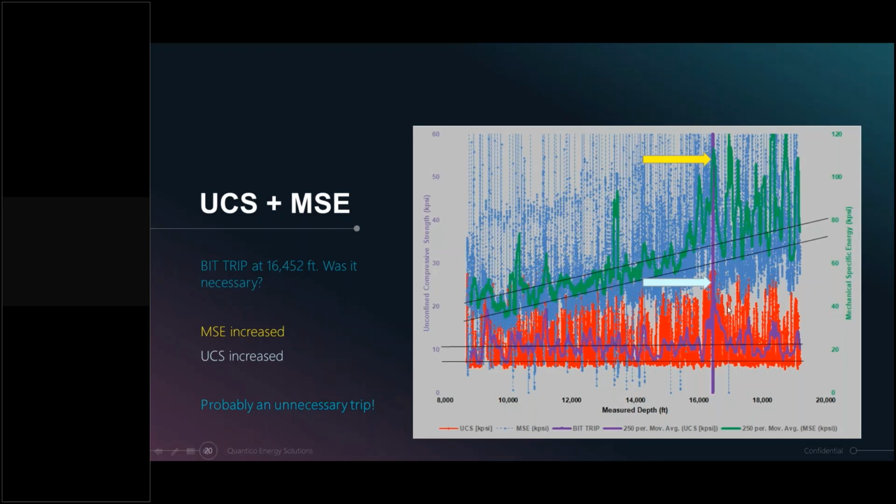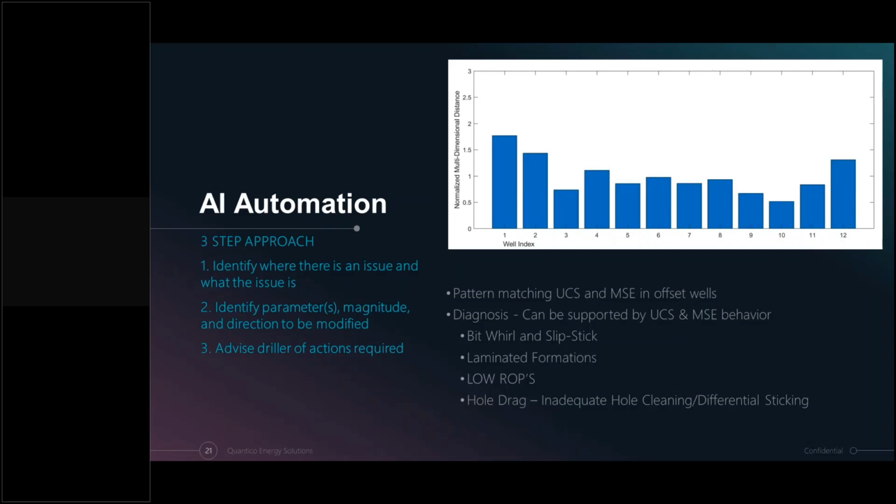So this is a case in point where the bit got pulled, $130,000 plus or minus. They looked at the bit, and the bit was actually fine. It was an unnecessary trip that could have been averted had they seen some of this information. So this is a little bit of the automation that can work.